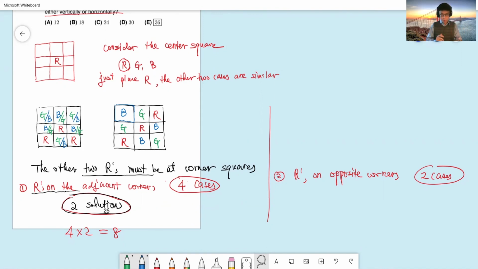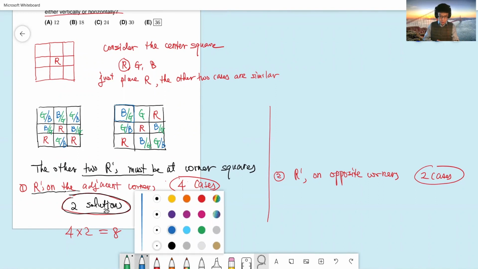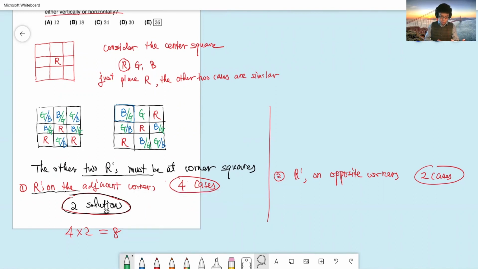Or we can switch the role of B and G. G here, G here, G here, and the blue here. Blue here. So in this case, totally we have two ways, two solutions. And then we have 2 cases times 2 solutions, which is 4.